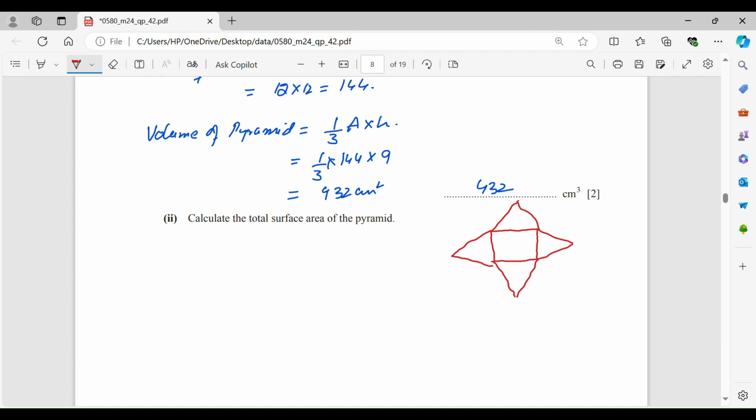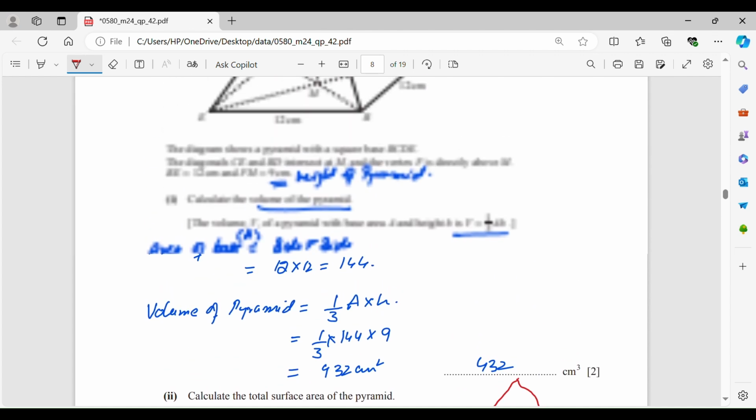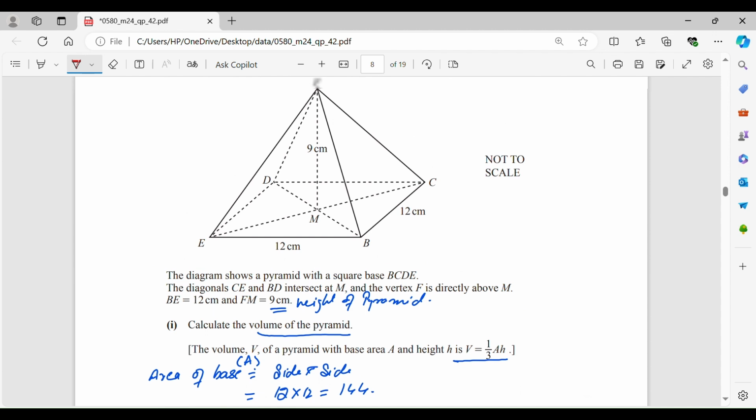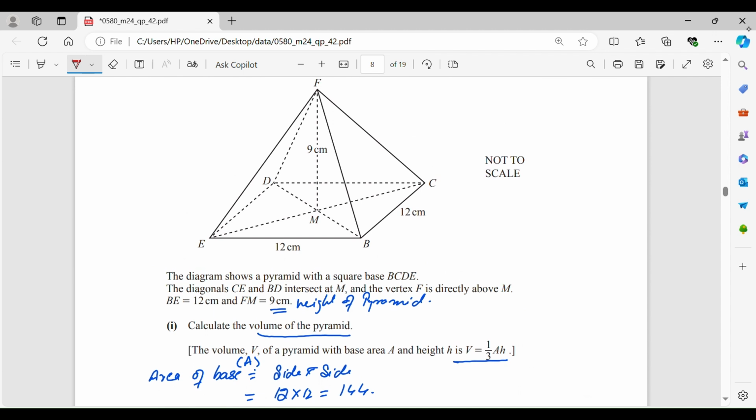So this is 12, this is 12. To find the area of the triangle, we need the length of its height. So let's construct it on the picture. Let me join this to this. This will be 90 degree again, and as we know this is 12, if we join this it will be 6 centimeter. So this is 9 centimeter and this is 90 degree.